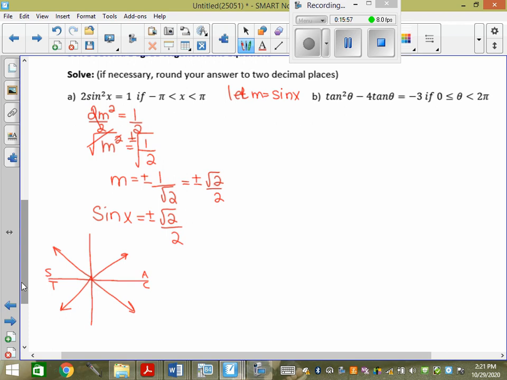So I'm going to get 45, 135, 225, 315, or their radian measures π/4, 3π/4, 5π/4, 7π/4. So I'm going to get 4 solutions between 0 and 360, or 0 and 2π.